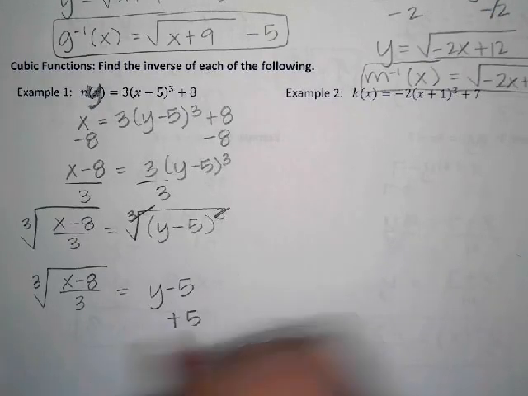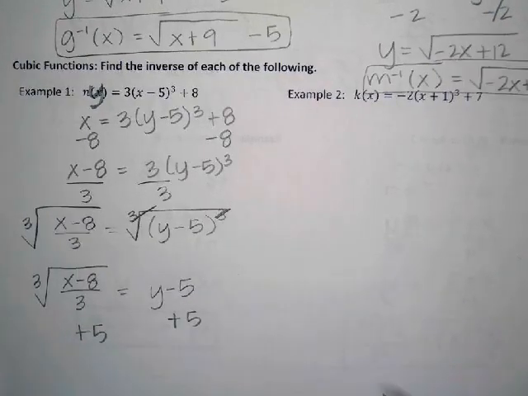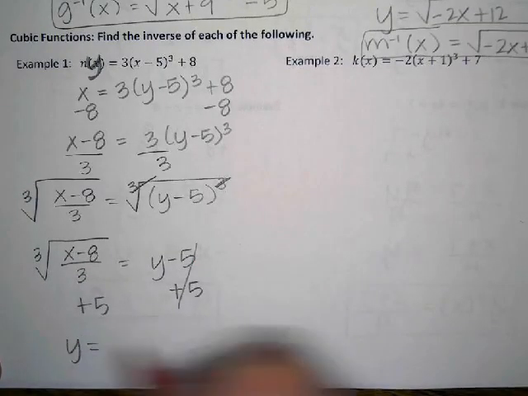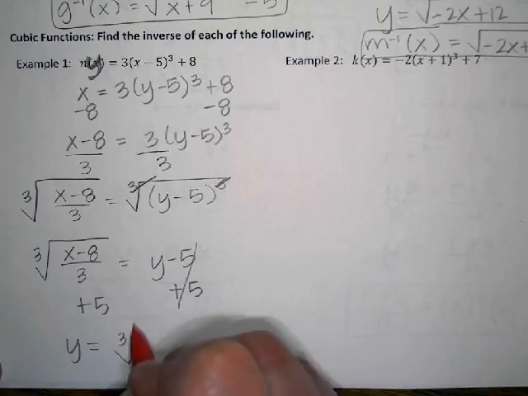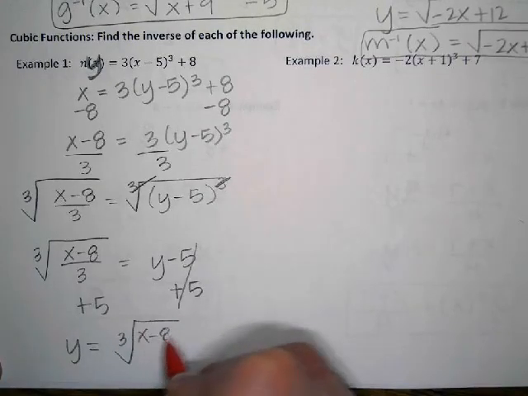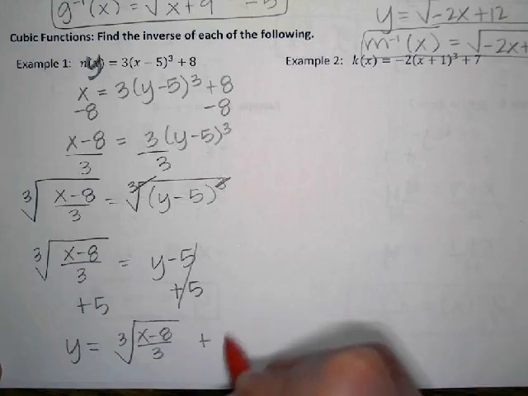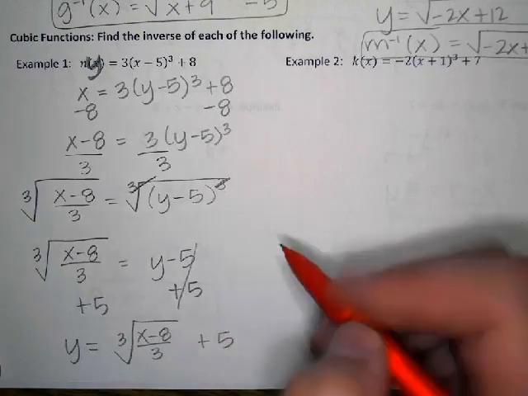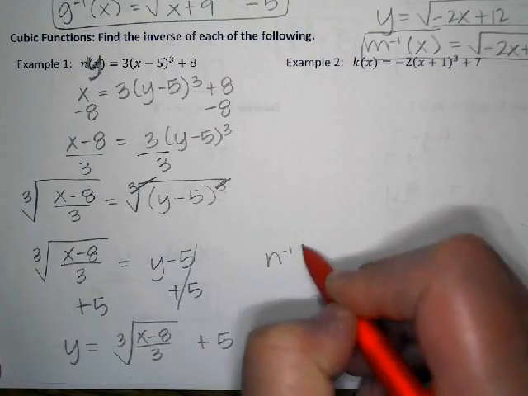We've got the cube root and then the positive 5. Now this isn't the final answer, because what is the final answer? N inverse, okay. Then we got our cube root, and then our plus 5.